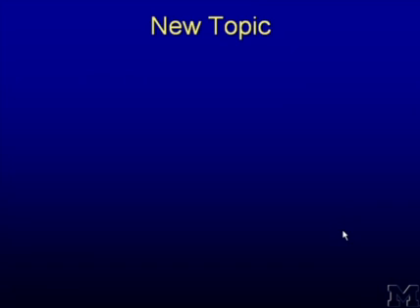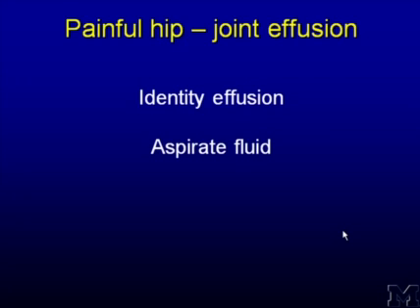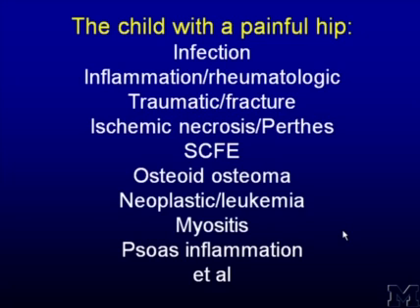Now, a new topic to switch over to is joint effusion. Basically, with sonography the goal is to identify a hip effusion and then perhaps facilitate aspiration of the fluid for analysis. In some joints in the body, just a radiograph can tell you whether or not there's fluid present, but that is very unreliable in the hip, so you really do need a sonogram or other study to help you.